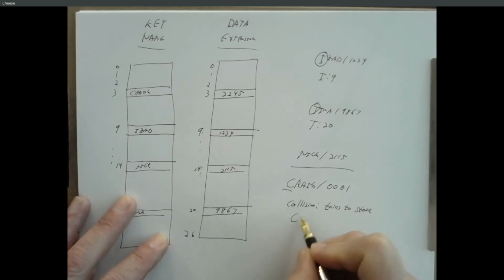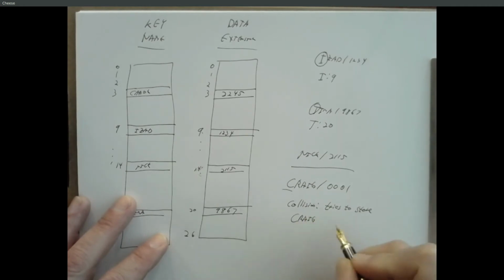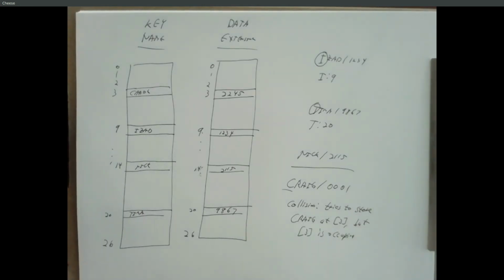So it tries to store Craig at 3, but that location is occupied. So hash collisions are the fundamental problem.